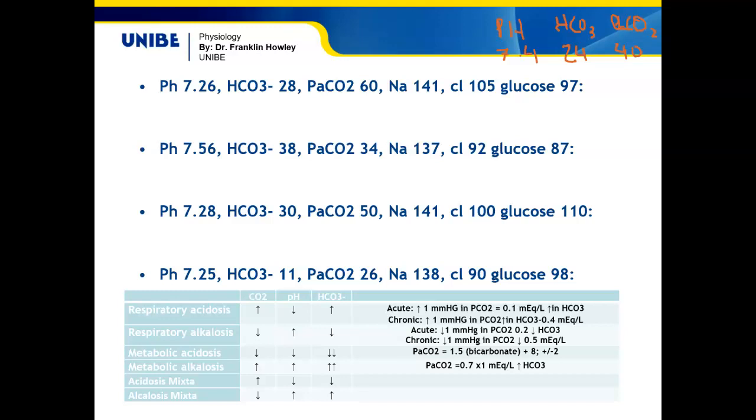So if you want, you can do arrows and determine different things. So pH that is low means that there's going to be an acidemia. Bicarbonate is still in range, because we know the range is between 22 and 28, but it's higher than 24. That doesn't make a lot of sense: how can it have acidemia and more base? So we check the CO2, and CO2 is high. CO2 being high means an acidosis, a problem with acid.